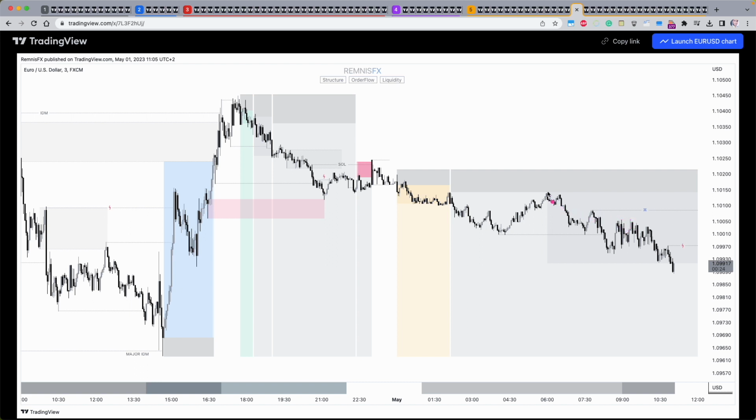And also because, well, to me, it basically now looked something like this, right? As in most recent internal pullback inducement, the first one, engineered liquidity, everything in between, smart money trap, right?